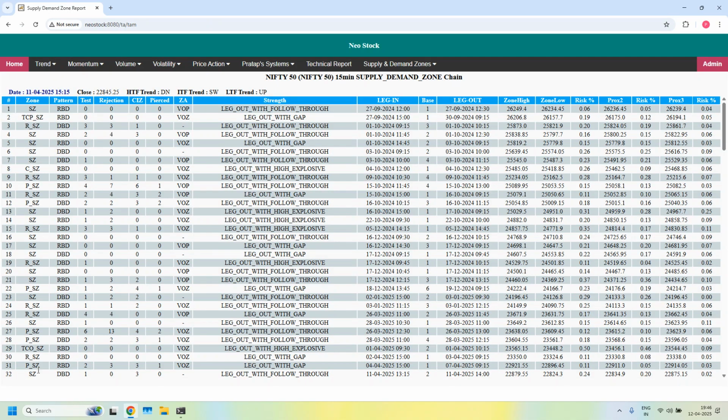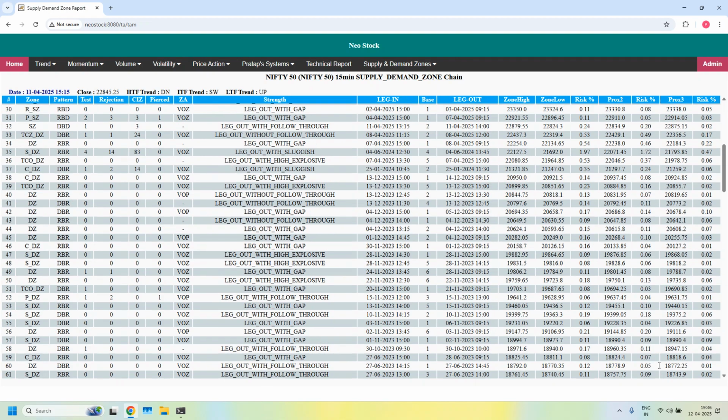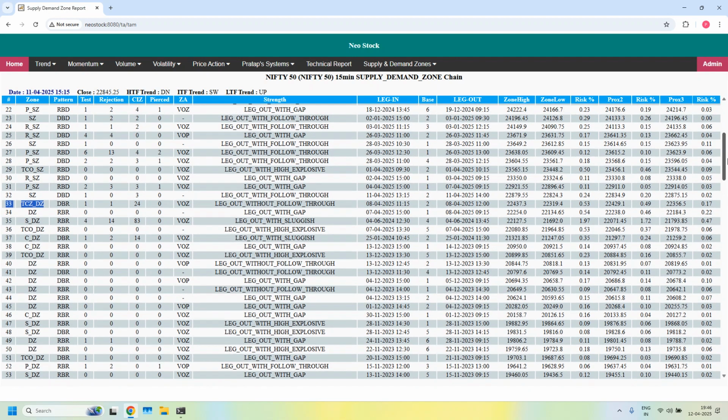And all are supply zones. Scrolling the list down to get demand zones. Serial number 33 has the nearest demand zone to the current closing price. Let me adjust it in the center.